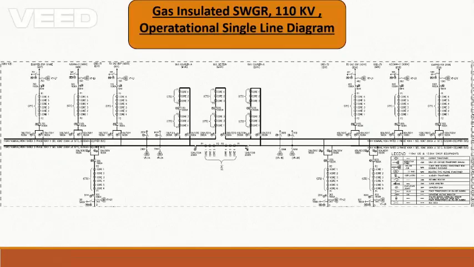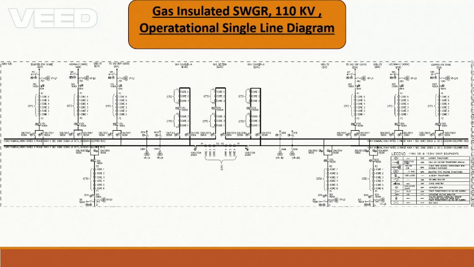As I told you at the start of the video, we will be discussing the operational single line diagram of standard substations. Here I have taken the part of a substation which is just showing the 110 kV side.